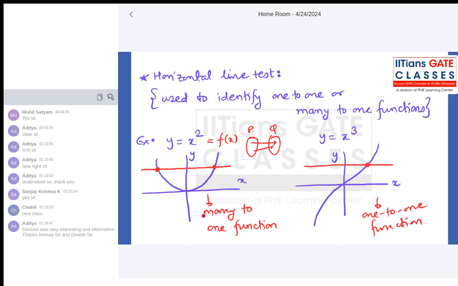Yes, sir. So f of y won't be a function then. What is f of y? You are saying, because typically we consider x as the independent variable and y as the dependent variable.